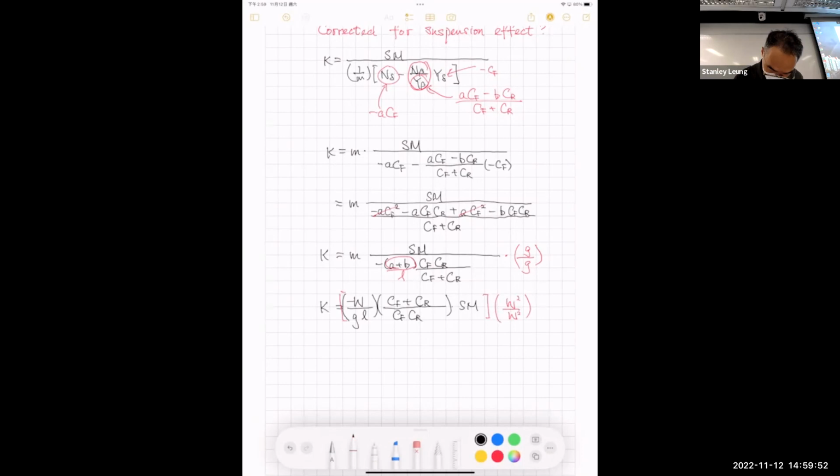Then your K is equal to minus 1 over CL, CF plus CR over W, over CF over weight, CR over weight.